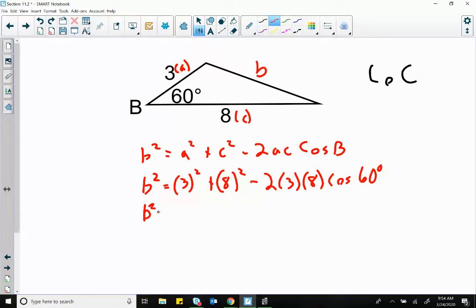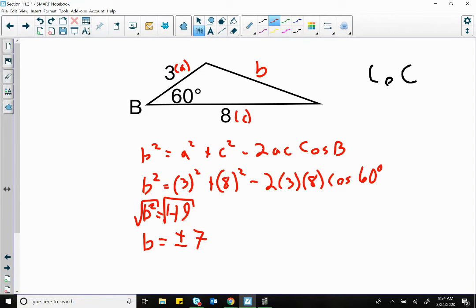B squared is equal to 49. How do we get rid of something squared? Square root. Okay? So b is equal to plus or minus 7. Because when you square root both sides, when you're getting rid of something squared, it's plus or minus.